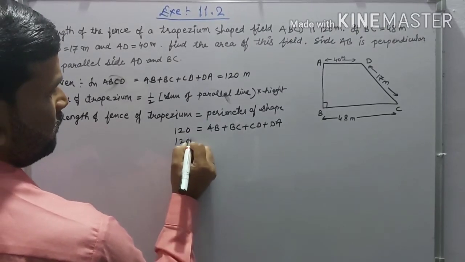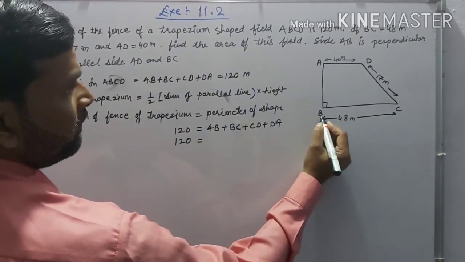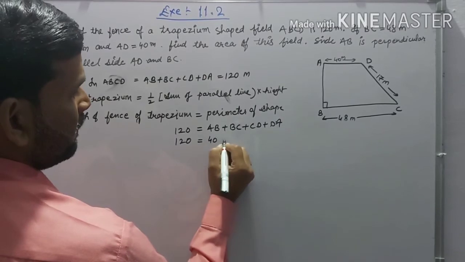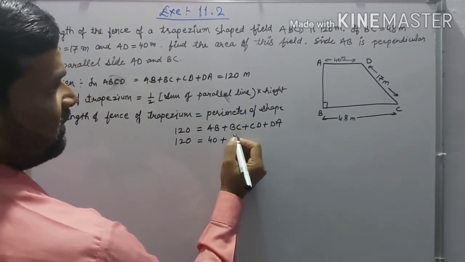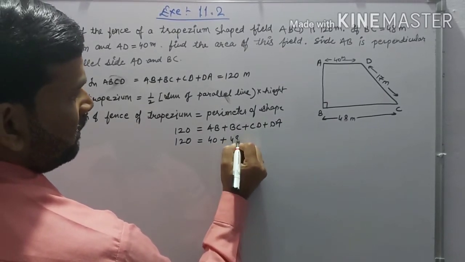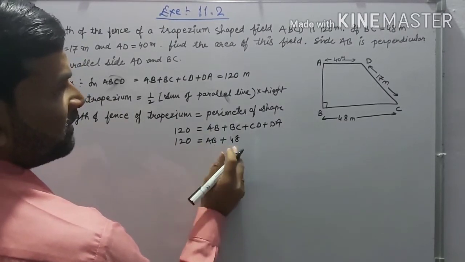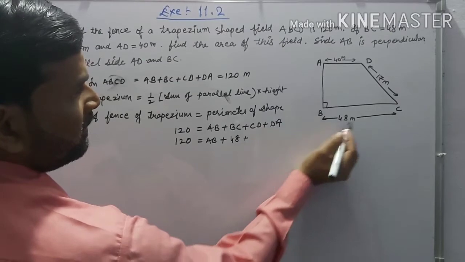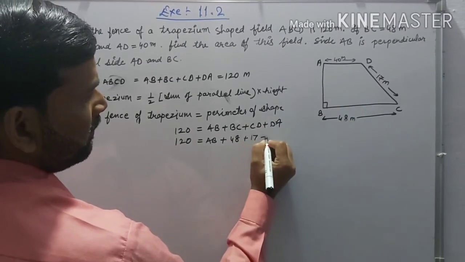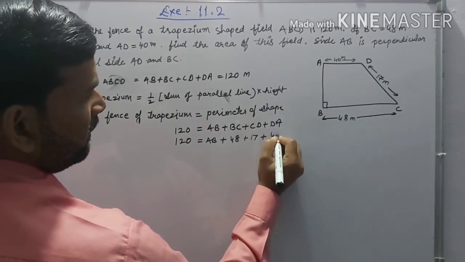Now put the values: 120 is equal to AB plus BC 48, CD 17 and DA 40. AB is not given because AB is the height.